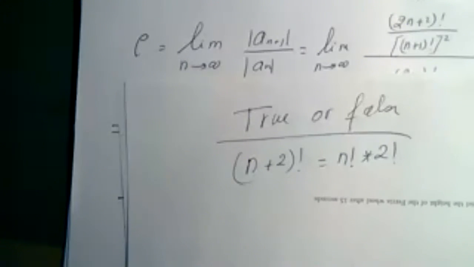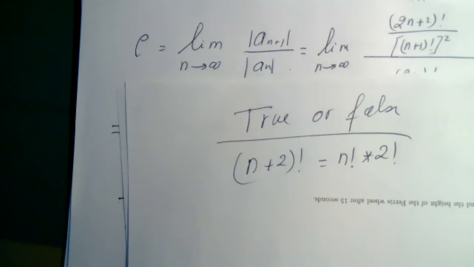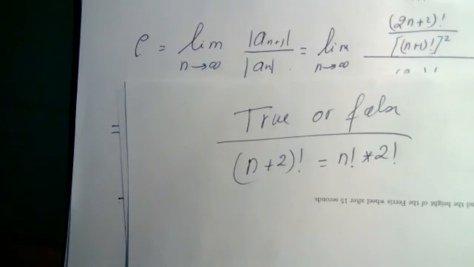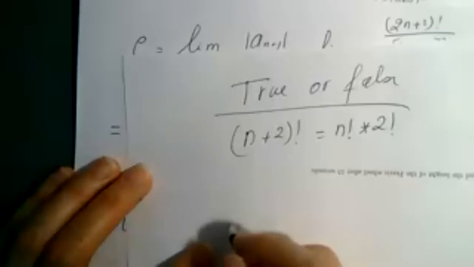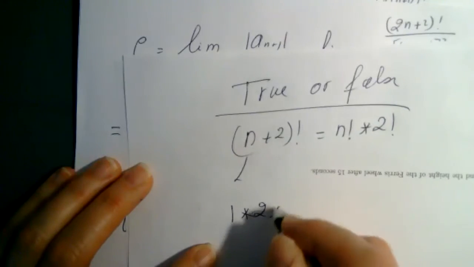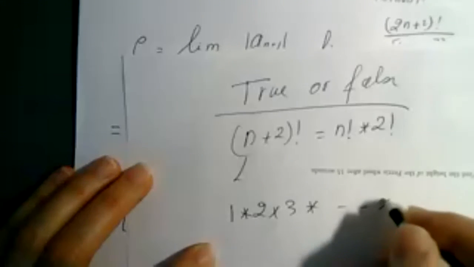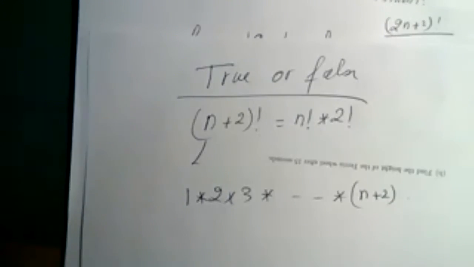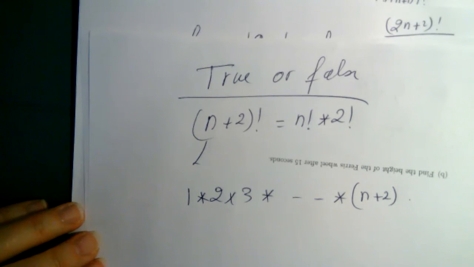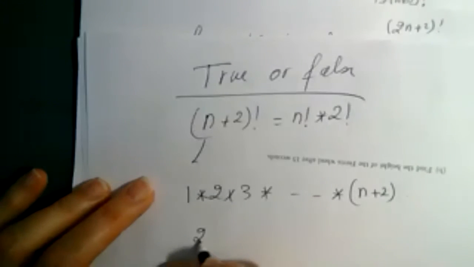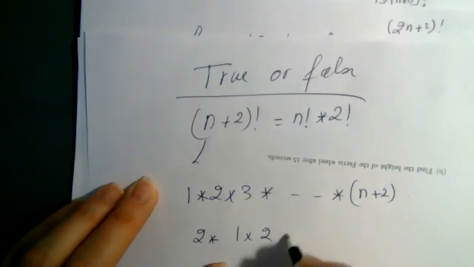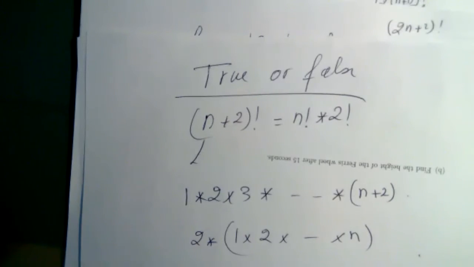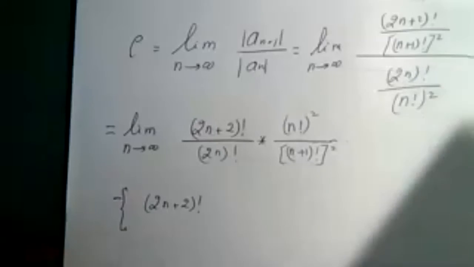It's absolutely a false statement. If you are in doubt, take numbers, because n plus 2 factorial means you're multiplying 2 times 3 times all the way to n plus 2. But if you take 2 factorial, it means you're taking 2 times 1, times 2 all the way up to n. Absolutely two different ideas.